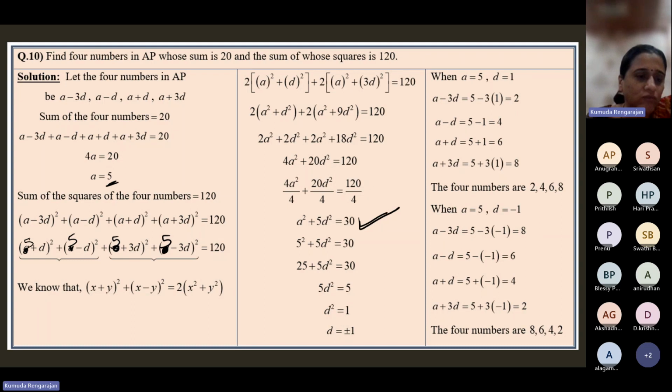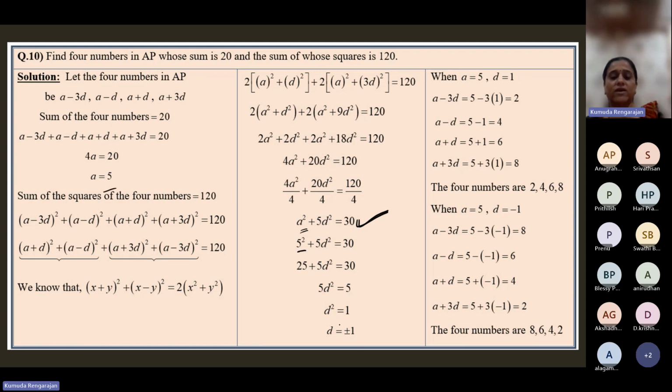You can also use the value of a here itself. So you have 5 plus d the whole square plus 5 minus d the whole square. After simplifying to this extent, I've used the value of a is 5, so 5 square.